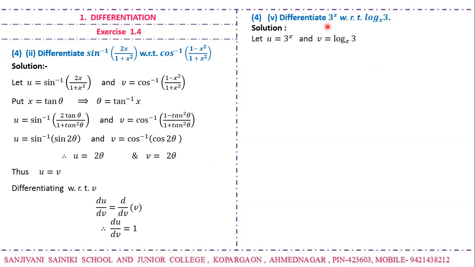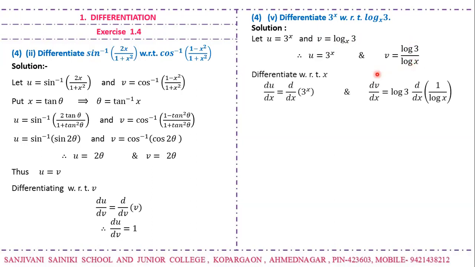Now differentiate 3 raised to x with respect to log of 3 to the base x. Now u is equal to 3 raised to x, and v is equal to log of 3 to the base x, which I can simplify and write as log 3 upon log x. Now differentiate with respect to x.